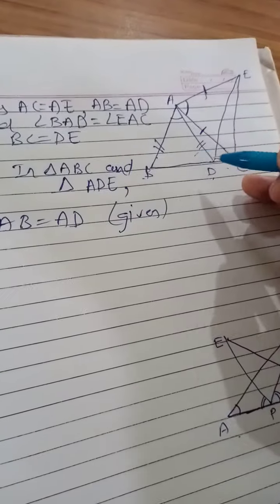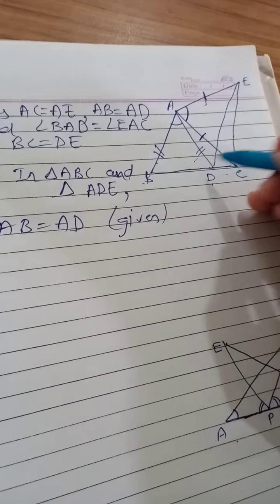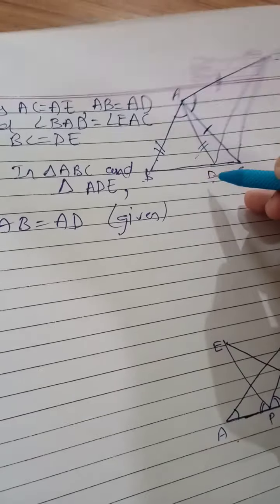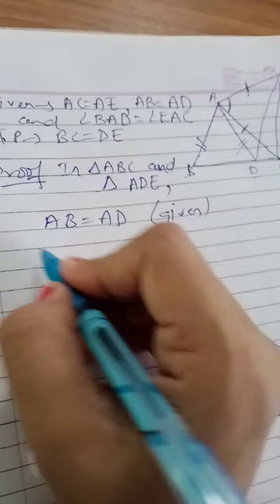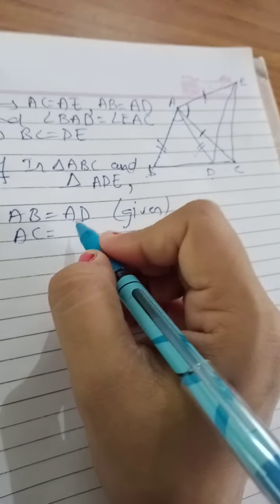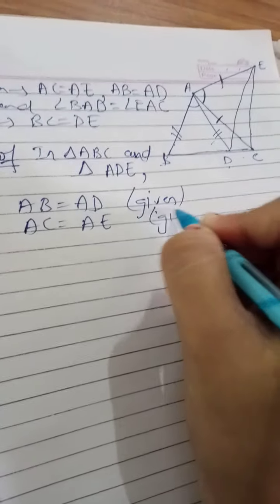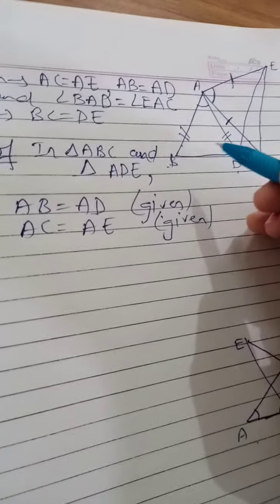Now second, in triangle ABC, AC, and in triangle ADE, AE. Both of these lines are equal. AC is equal to AE. This is also given to us. Third thing which we have to find is the angle.